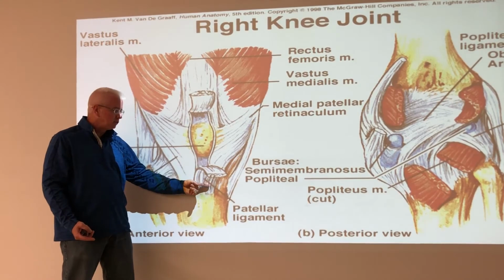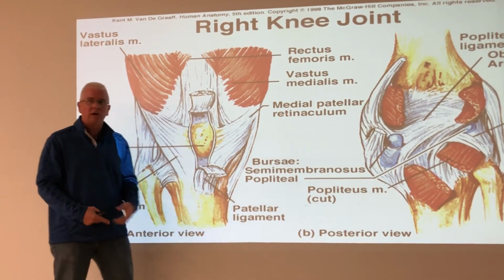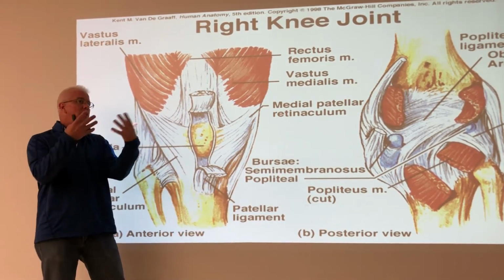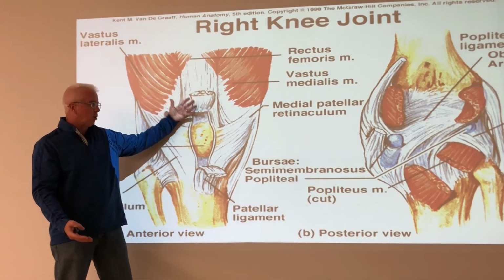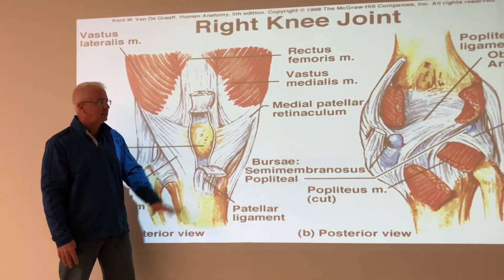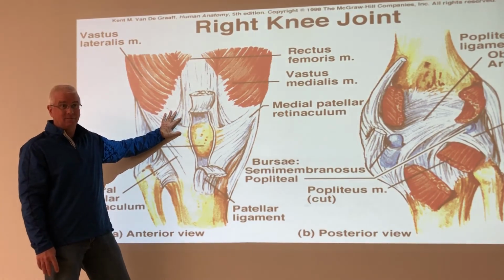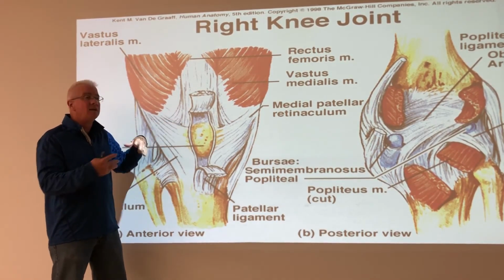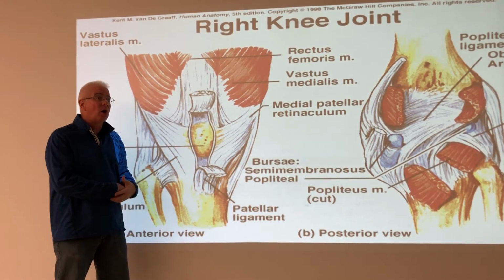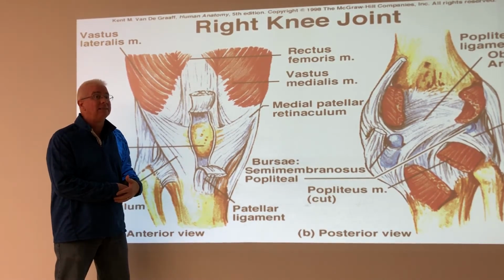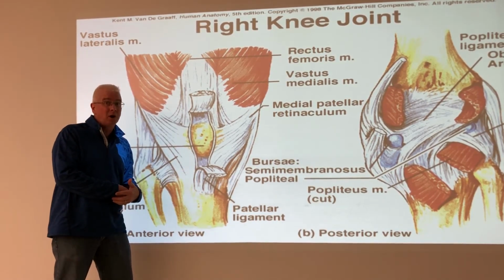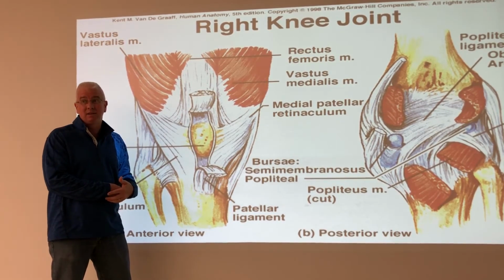Why would we call this structure from the patella to the tibial tuberosity a ligament when we know full well that the purpose of that attachment is for knee extension, and that extension is going to be accomplished by tendons? Well, the simple answer is, we say in anatomy, bone to bone is ligament. Muscle to bone is tendon.